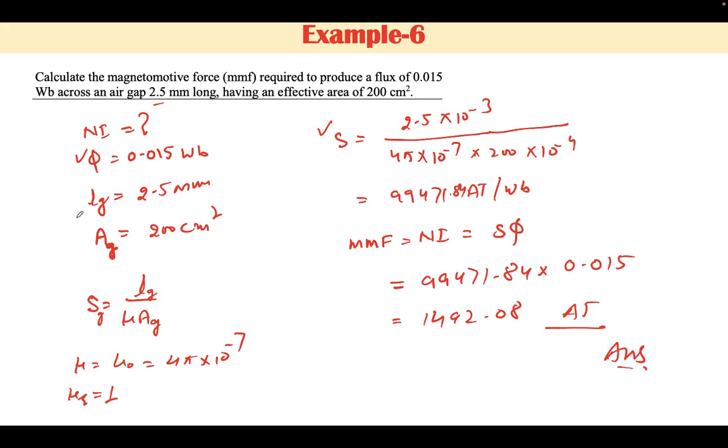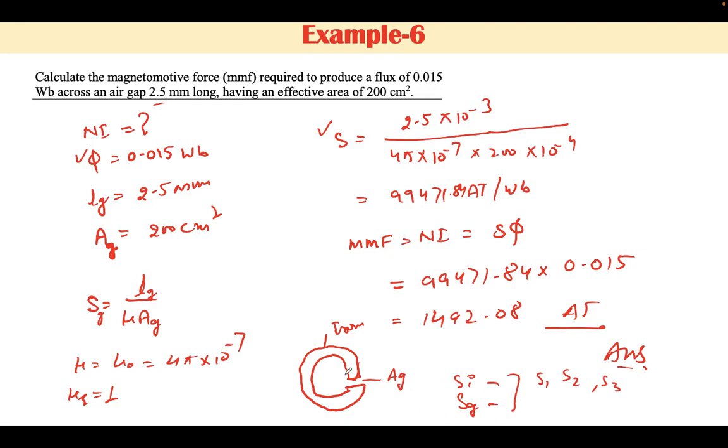This is the case when only an air gap is given. If some iron path is also given, then suppose we are supposed to find the ampere turns of this path when we have the iron. This part is the iron piece, this is the air gap. Now we need to find Si and Sg separately. If there is only one path, fine, but there may be another path, then accordingly we have to find S1, S2 and S3 and so on.